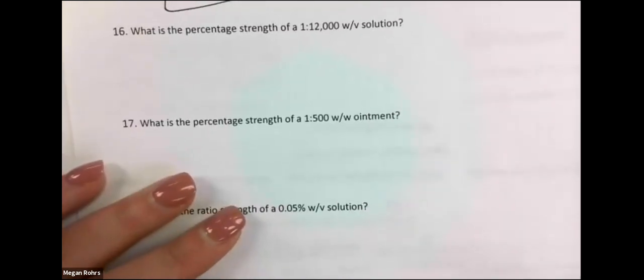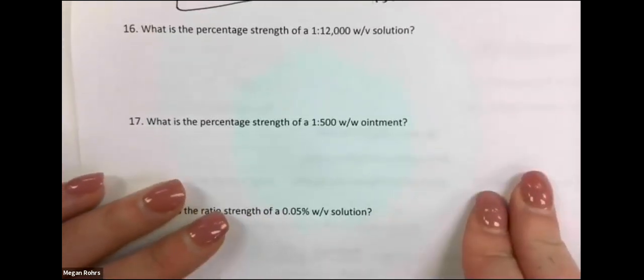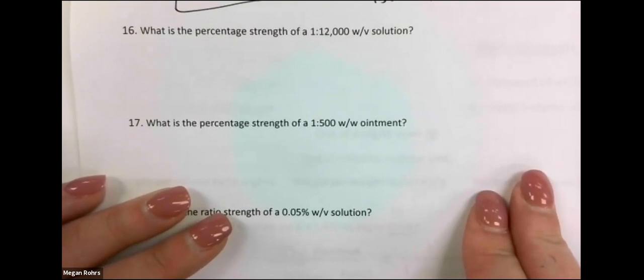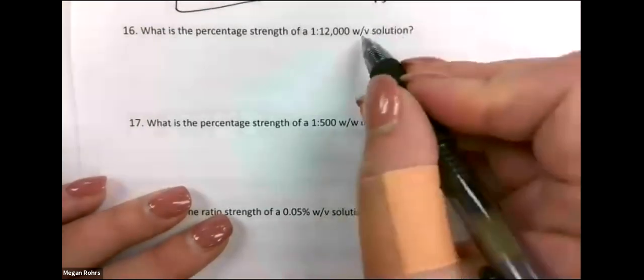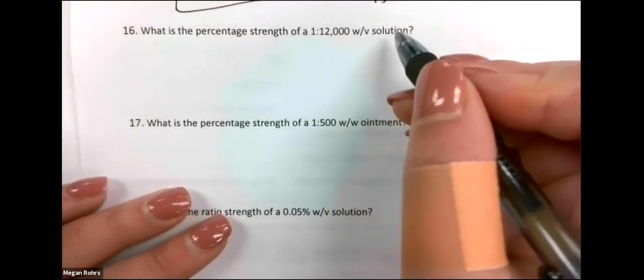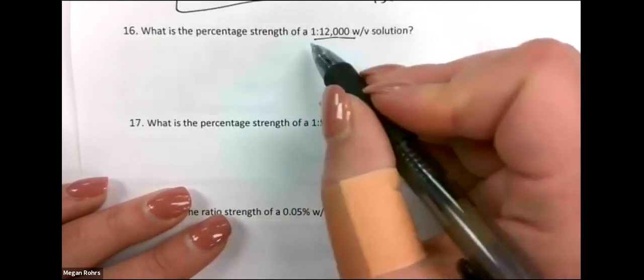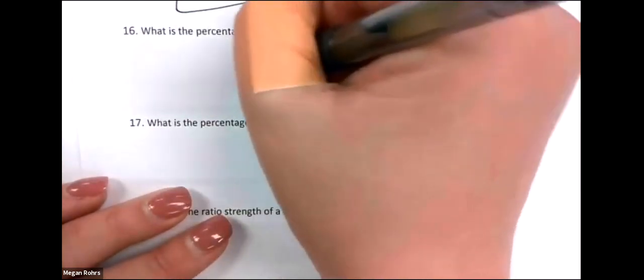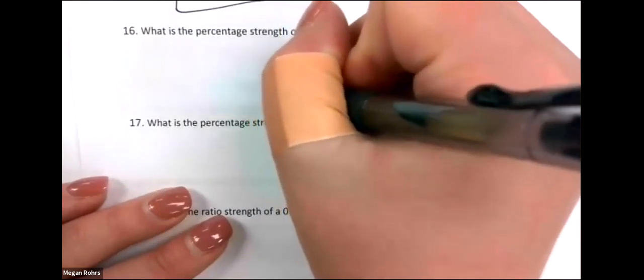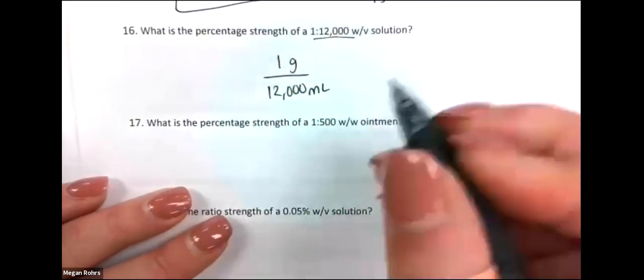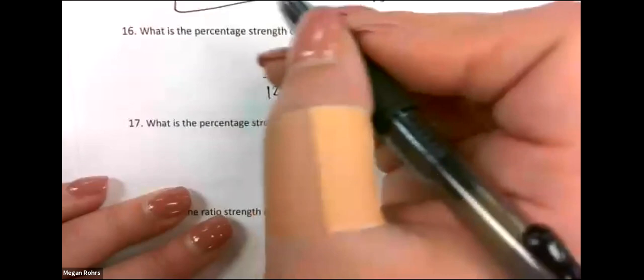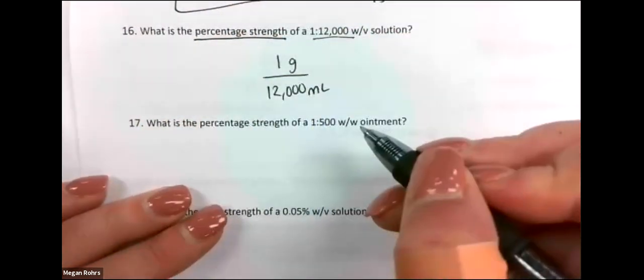So number 16, what is the percentage strength of a 1 to 12,000 weight per volume solution? Start with what we know. We know that we have 1 gram in every 12,000 mils, and we're looking for the percentage strength.